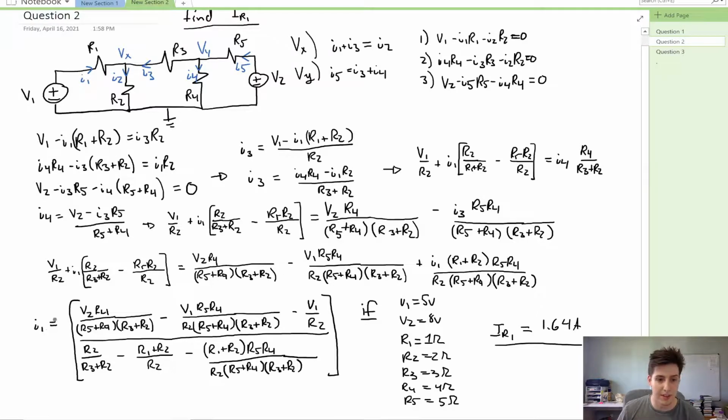This really tests how much you can manipulate KVL and KCL to find a desired current.